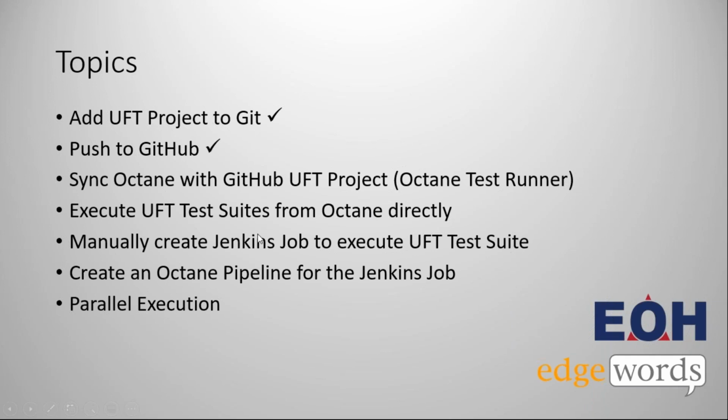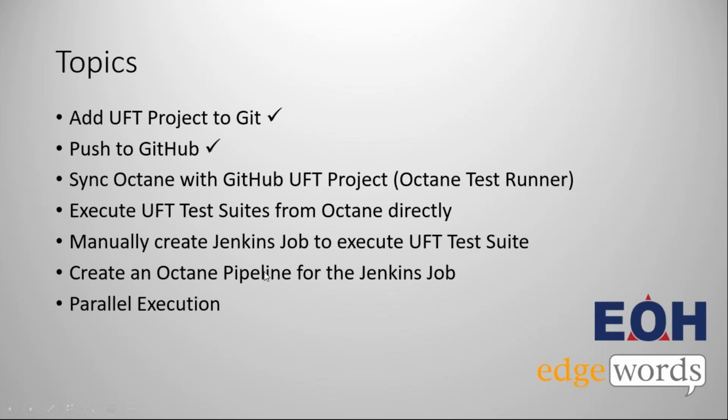The second part of today is just really looking at if you wanted to create your own Jenkins job or a Jenkins pipeline and do that manually to execute a UFT test suite or a number of tests within a UFT test suite. We're going to have a look at how we can do that. So how we can create a job in Jenkins to execute UFT tests and to push the results back to ALM Octane.